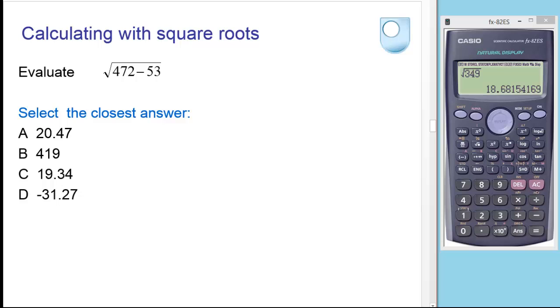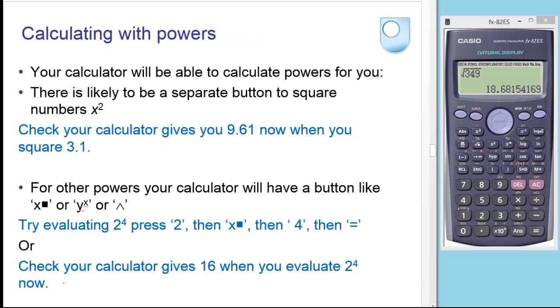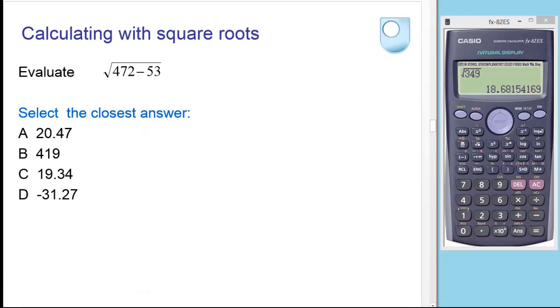If we actually look at this particular example here, we've got the square root of 472 minus 53. So on the calculator, just clear everything, open up square root, then put 472 minus 53.